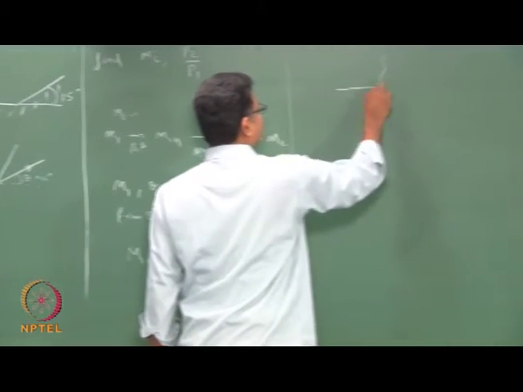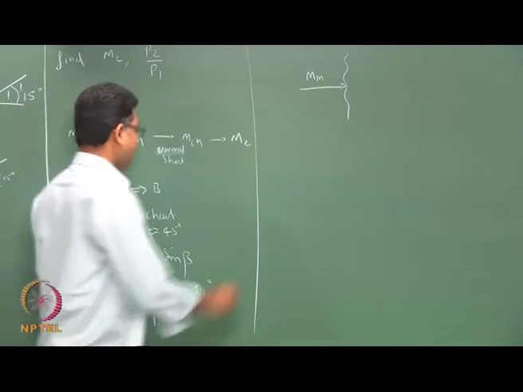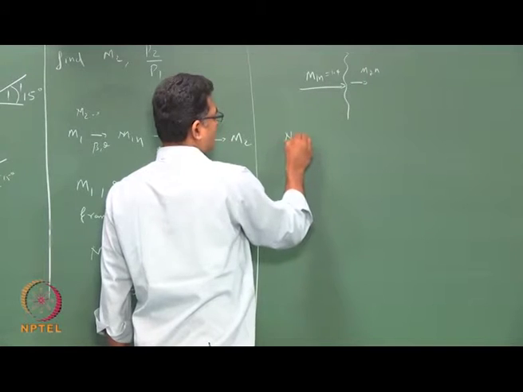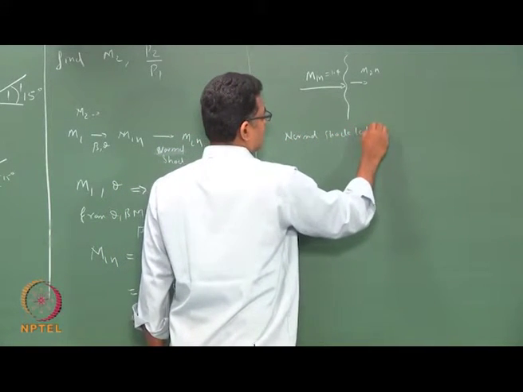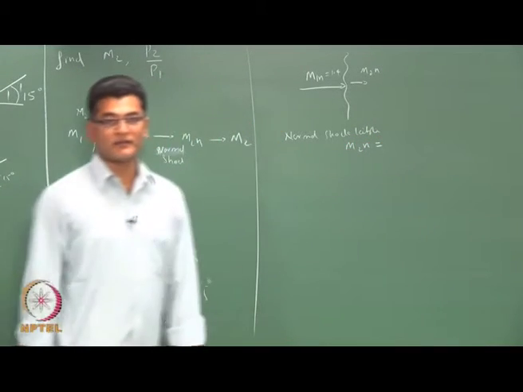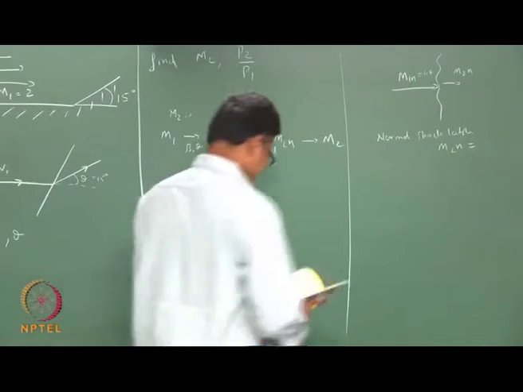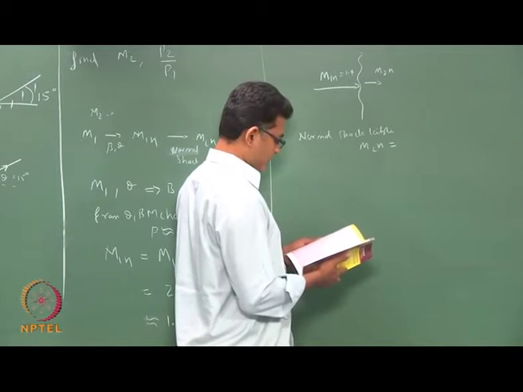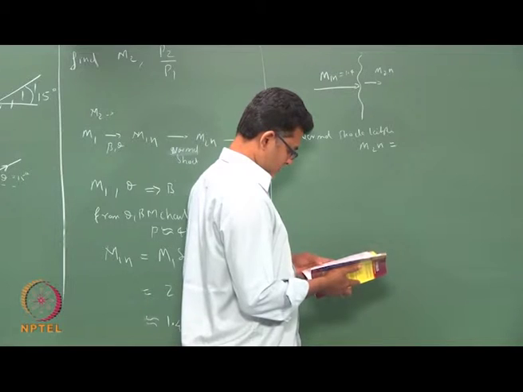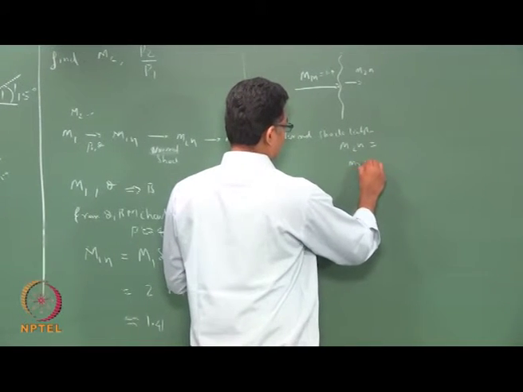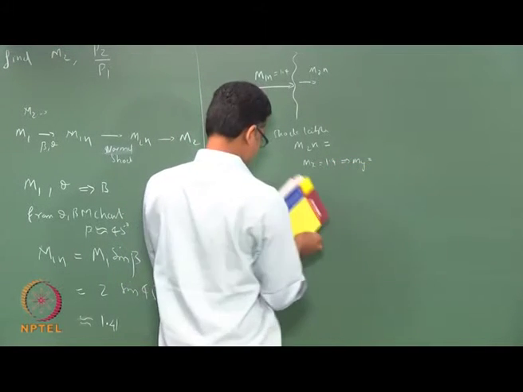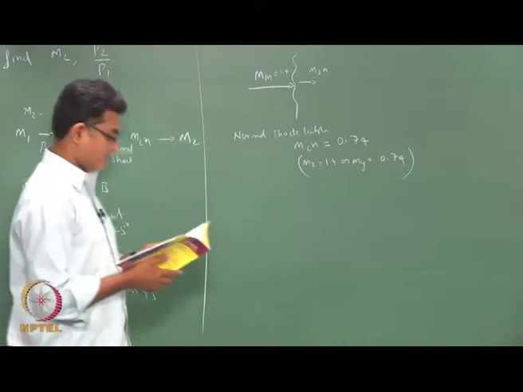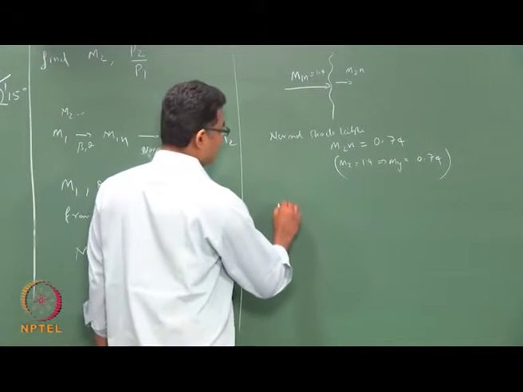So, the shock is facing a normal component of the velocity with Mach number 1.41, and your M2n from the normal shock table, for gamma equals 1.4, Mx is now around 1.4, My is 0.74, which is my M2n.